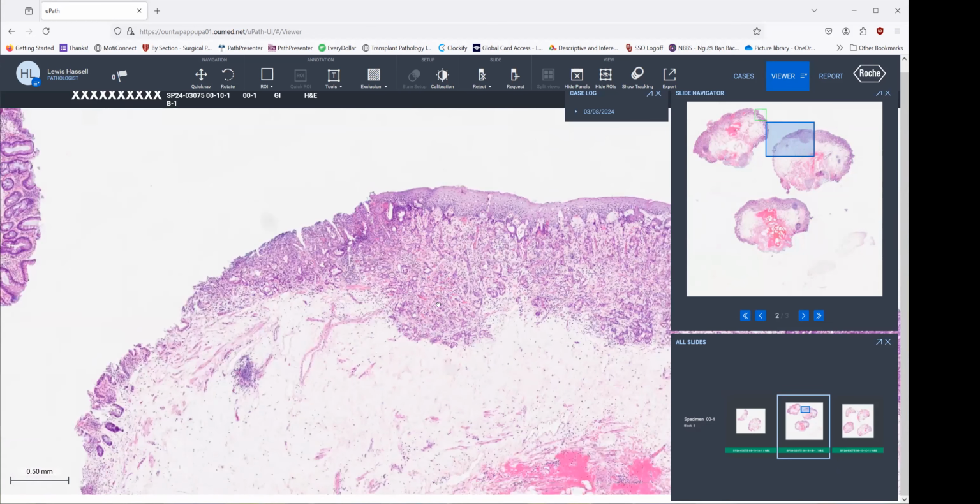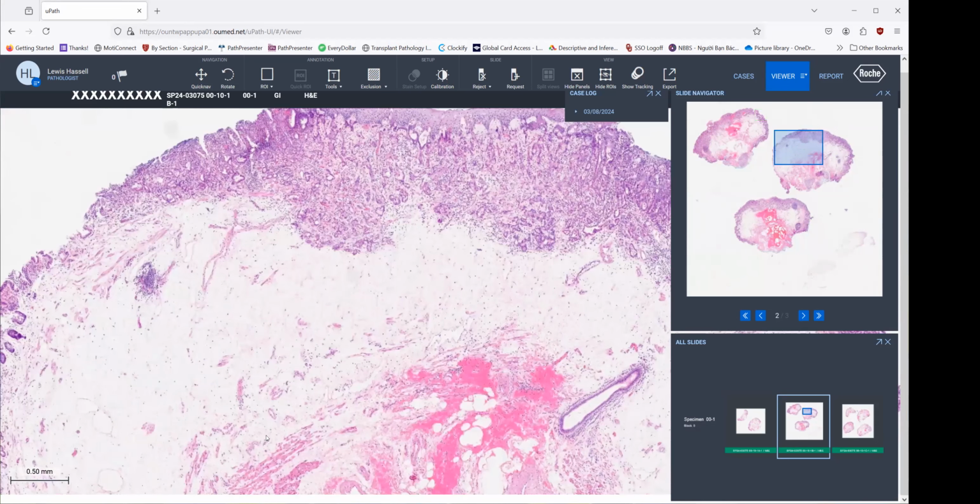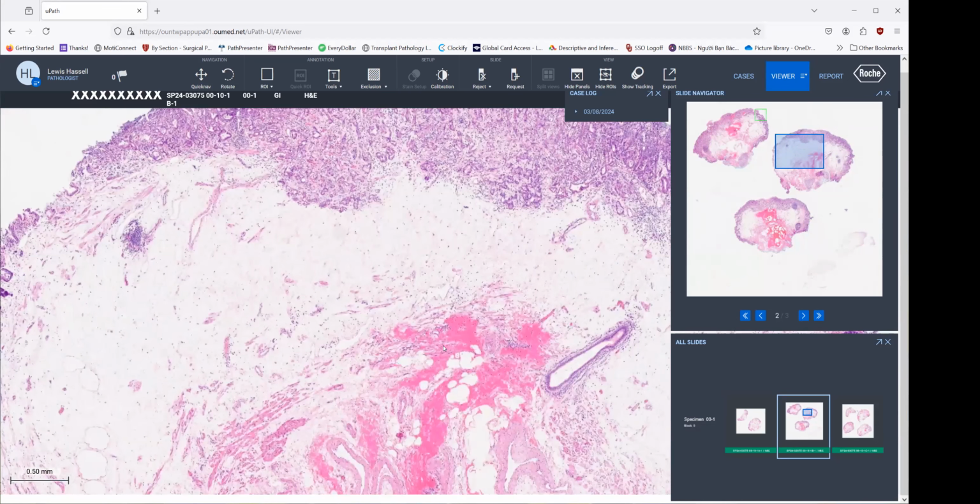But in reality, what happens in the esophagus is that the true muscularis mucosa is sort of spread or duplicated with a superficial portion and then the true or deeper muscularis mucosa down here.